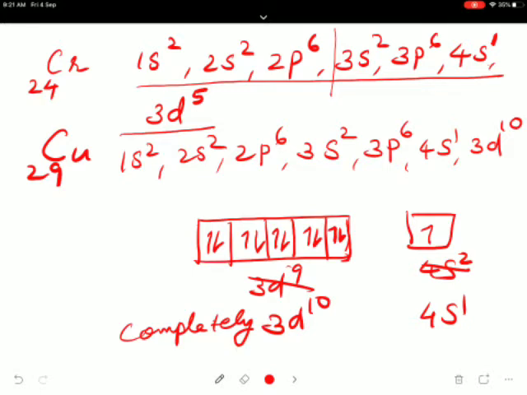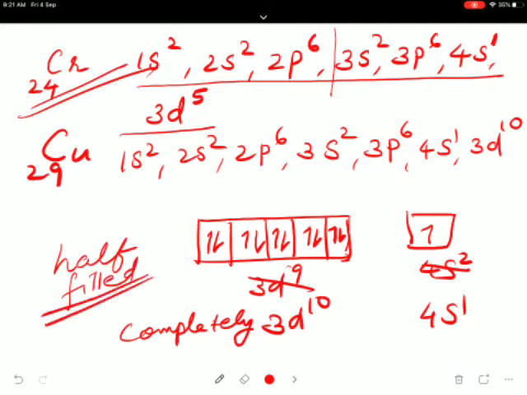In the case of chromium we said half filled. When it becomes half filled, it becomes symmetric, and symmetric means it shows stability. You must have seen a house constructed symmetrically, exactly like a mirror image.